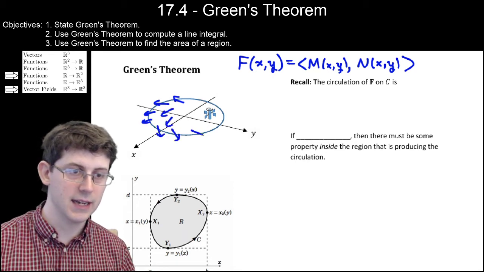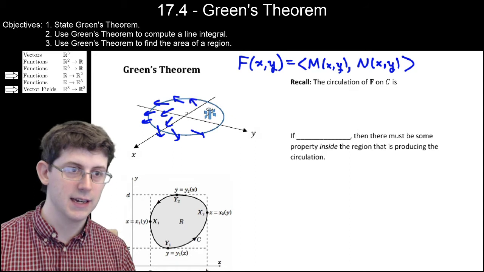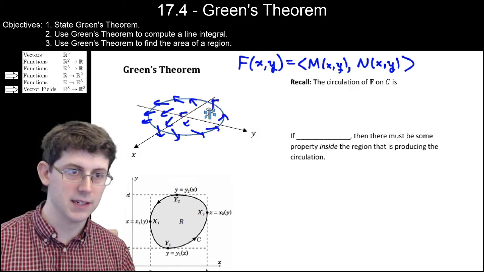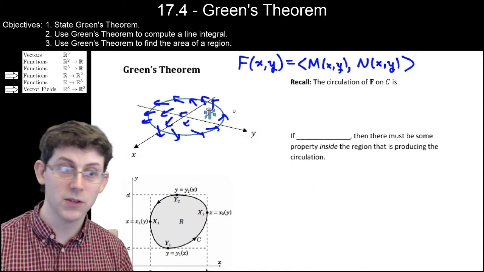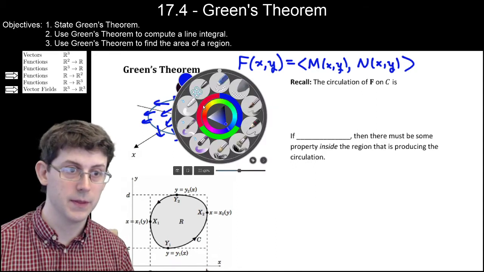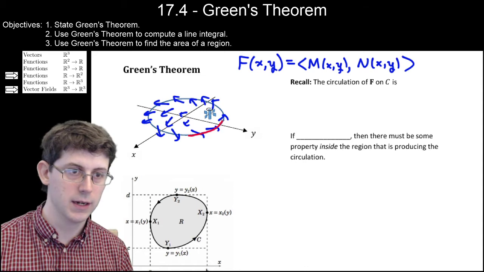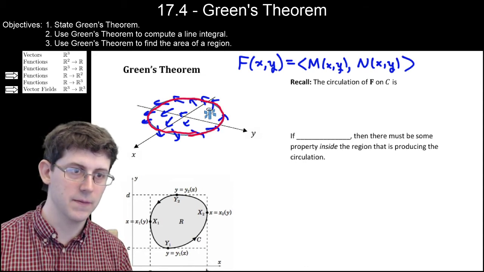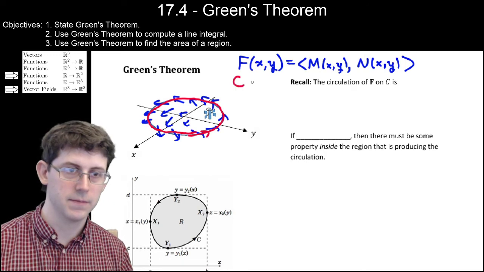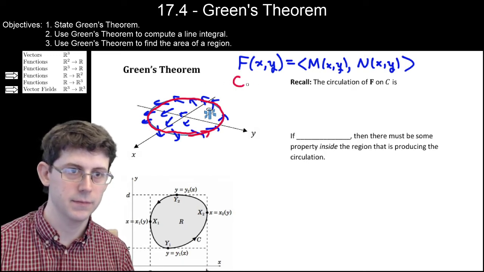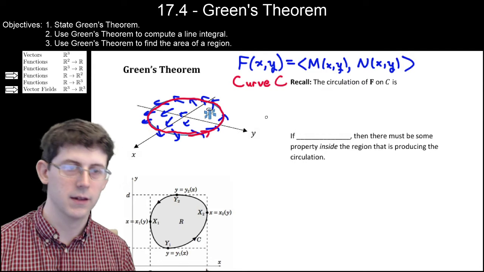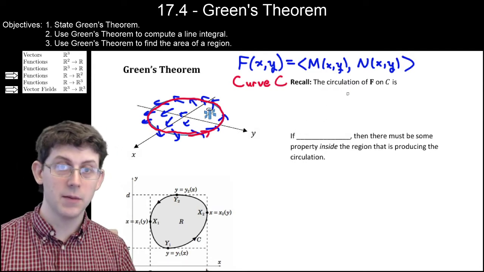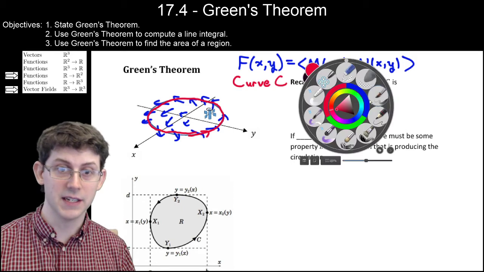And here I'm setting up my vector field so that the way that it works, if we go around this loop, the vector field will help us go around the loop. So this loop is a curve C. When you have a vector field and a closed loop, you can compute the circulation of the vector field around the closed loop.